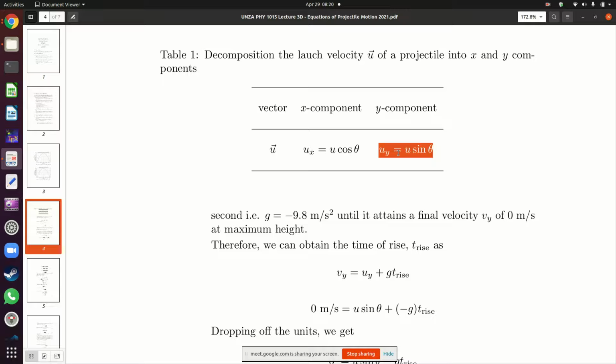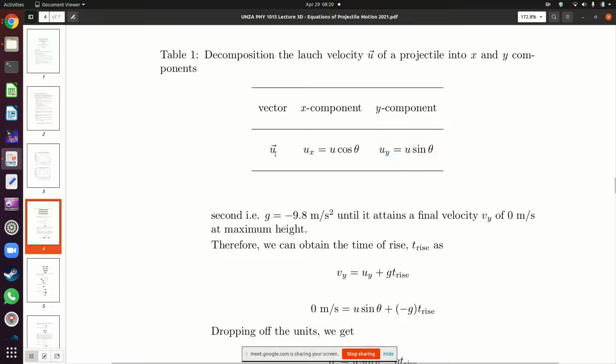And since this thing is moving away from the surface of the earth, we know that acceleration due to gravity is 9.8 meters per second squared. So if you're moving away from the surface of the earth, the acceleration will be minus 9.8. If you come towards the surface of the earth, the acceleration will be plus 9.8.